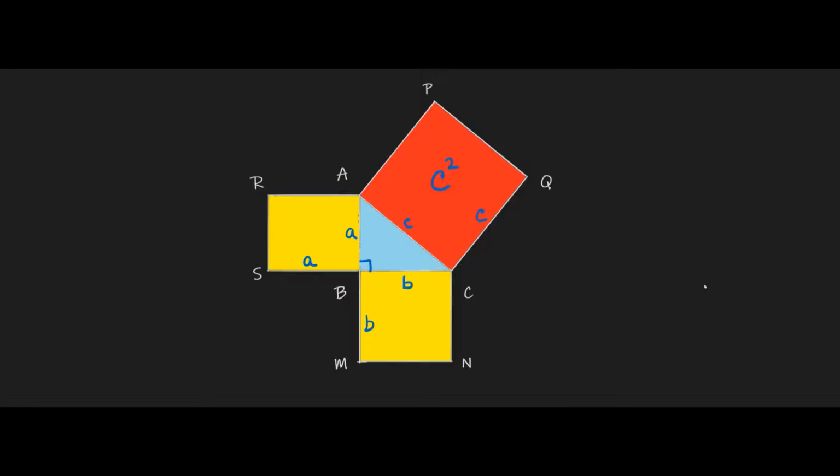The area of the left yellow square is A square, and the area of the right yellow square is B square. Because the Pythagoras theorem, which we have to prove, states that A square plus B square is equal to C square in the blue right-angled triangle, it would be the same as proving that the sum of the areas of the two yellow squares would be equal to the area of the red square.